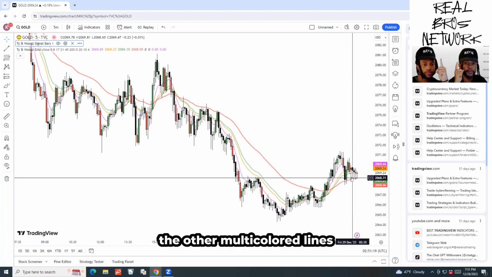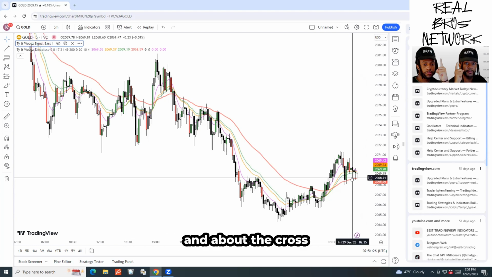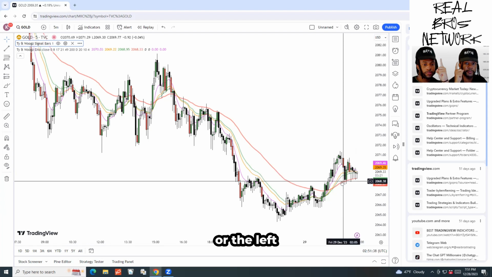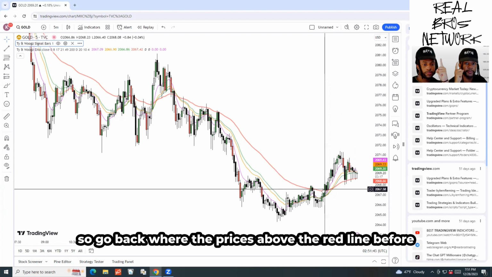The other multicolored lines are smaller trend lines. And when you see them folding and bending and about to cross, you know we're about to go down again. So, for example, if you move the mouse to the left, all the way to where the previous high was, where the price was above the red line before.